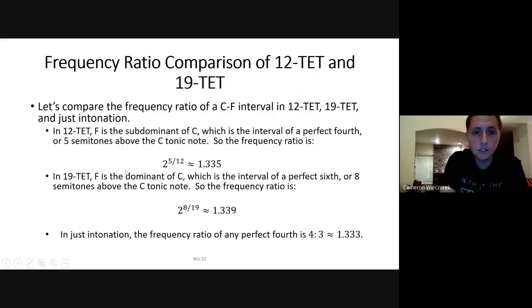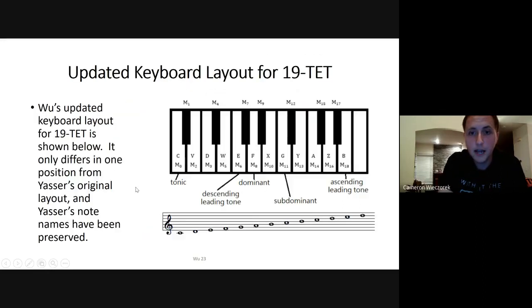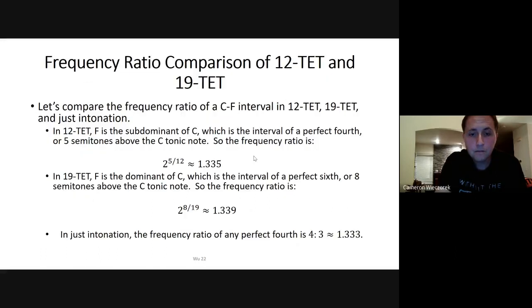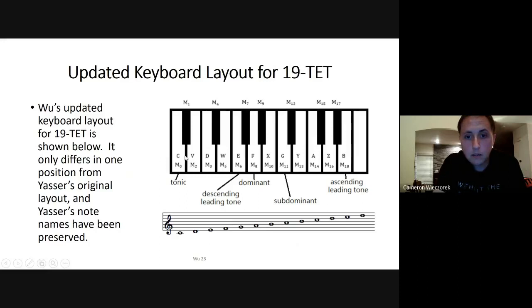In the 19-tone system, though, remember, previous slide, C to F is an 8 semitone difference. That's the dominant tone, because we said that 8 was the dominant value in 19 TET. So now we're looking at the interval of a perfect sixth.